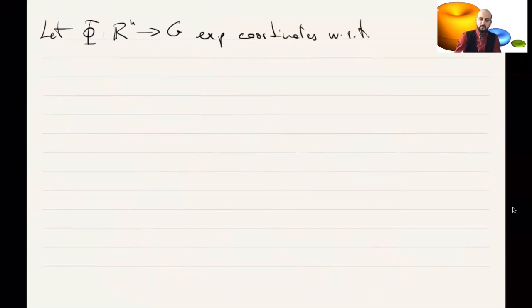Okay, so what we conclude is the following. Let phi from Rn to G be exponential coordinates with respect to a basis adapted to the stratification.